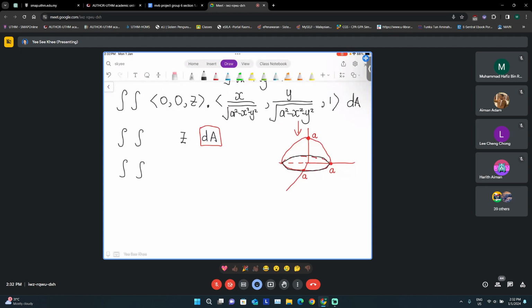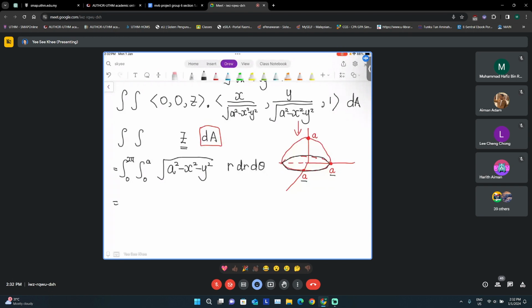For the z, we replace with the equation of the upper hemisphere, which is a squared minus x squared minus y squared, and here will be r dr d theta from the xy projection. The r will be from 0 to a, since a is the radius, and 0 to 2 pi for the angle.